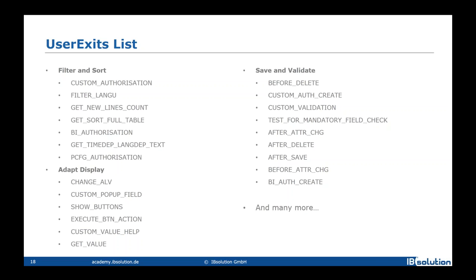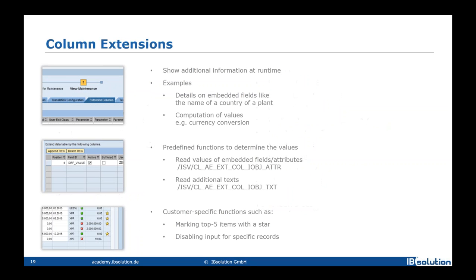And the other advanced feature is the column extension. I have already talked a little bit about it. It allows you to show additional information. On the bottom left side, the green or red lights tell you if something is missing or if the line is actually complete and valid.